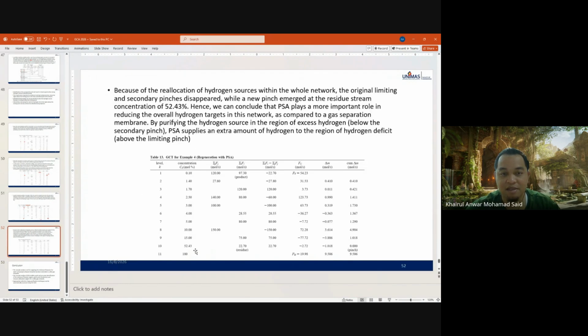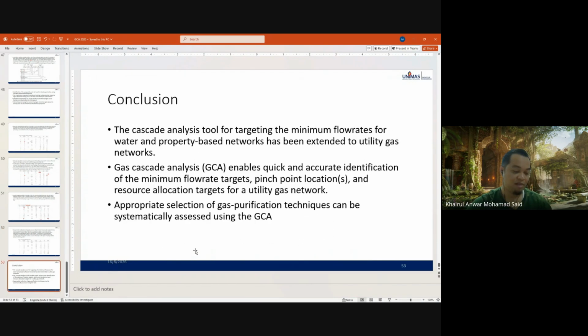So we learn what happens if multiple pinches occur. There will be a limiting pinch, and there will be a secondary pinch, so there is a bottleneck there.